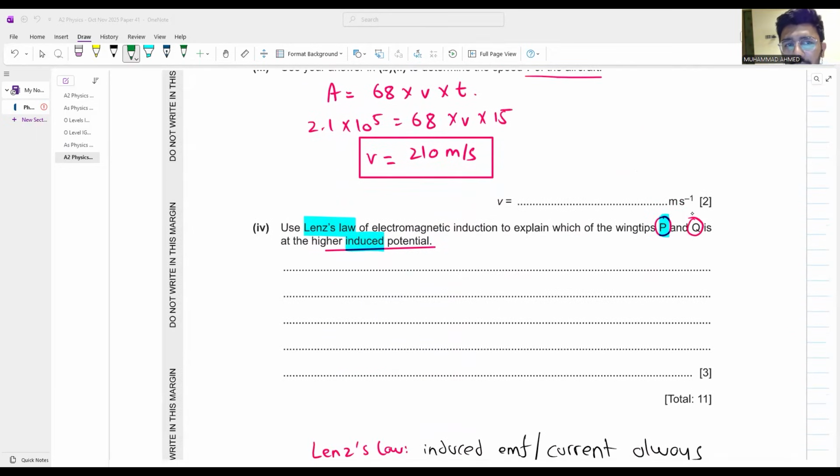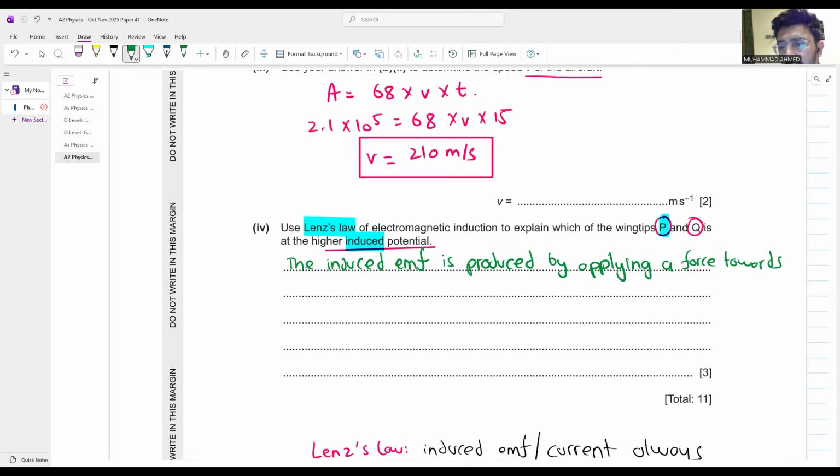Let's write this down first. You can say the induced EMF is produced by applying a force towards the right, in the forward direction.